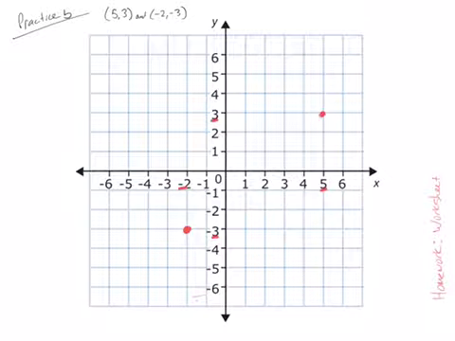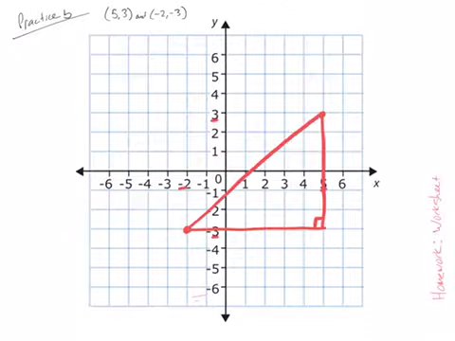So we have this point and this point. What we're going to do is use the coordinate plane to create a right triangle. And using our counting skills, this is 1, 2, 3, 4, 5, 6 in length. This one is 1, 2, 3, 4, 5, 6, 7 in length. And we're looking for this distance here.